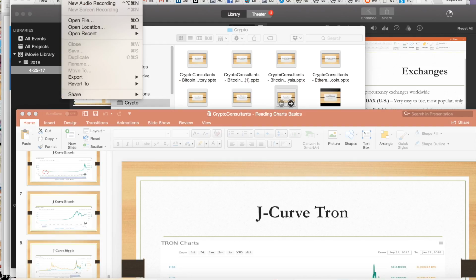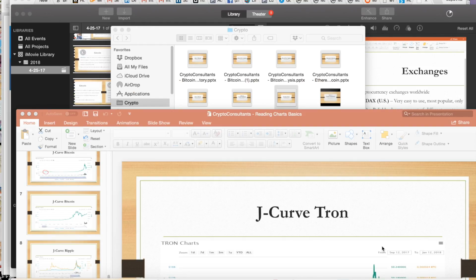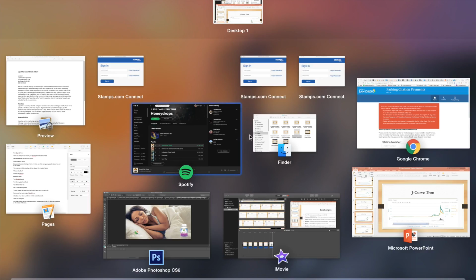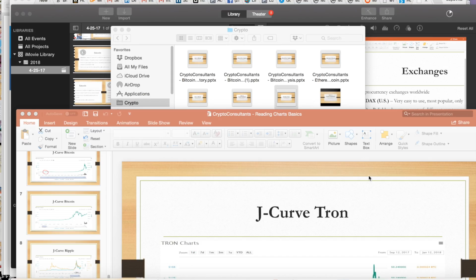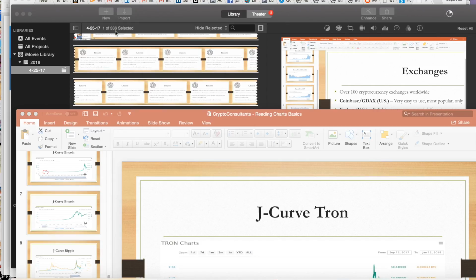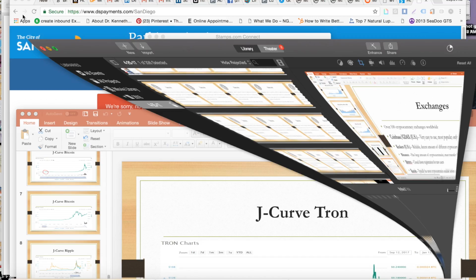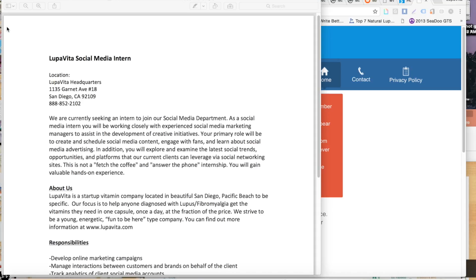Where is it? See that? This is awkward. Did it not do it?